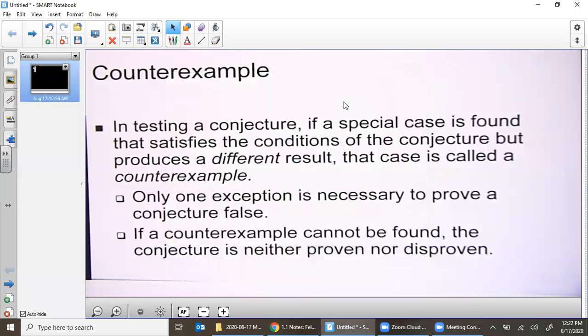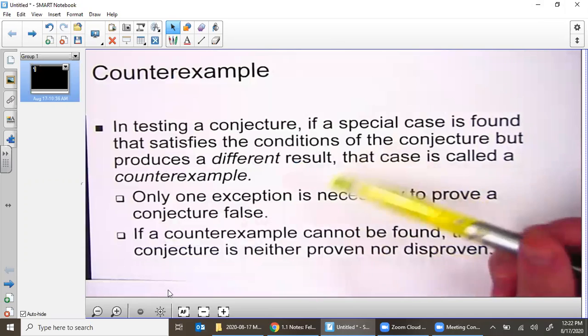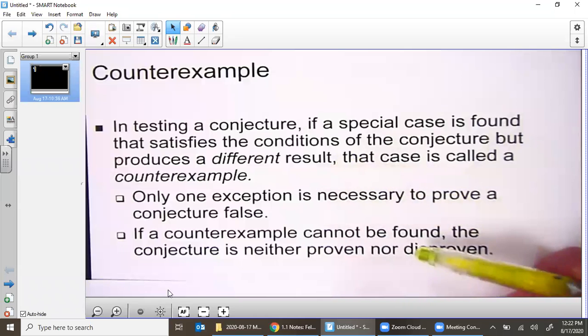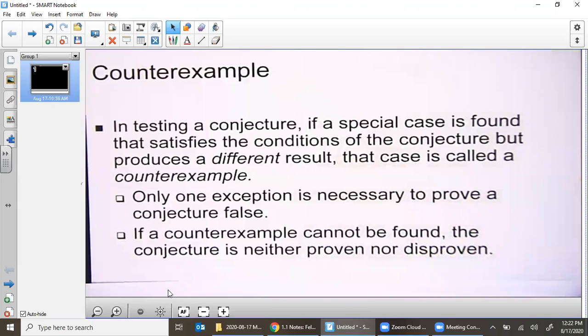Does that make sense? Okay, so again, you only have to find how many counterexamples to prove that something's wrong? 1. Just one. Good. Okay, so that's counterexample.